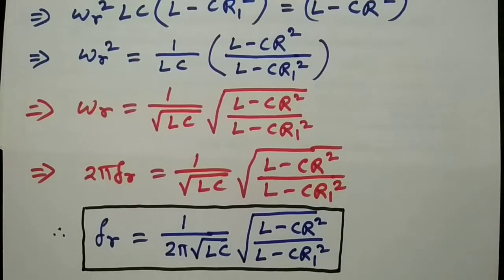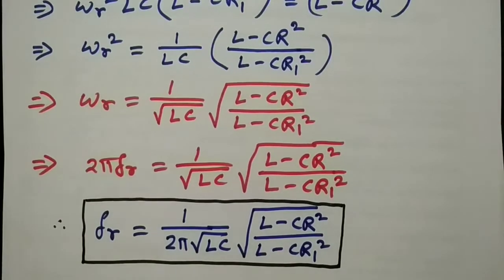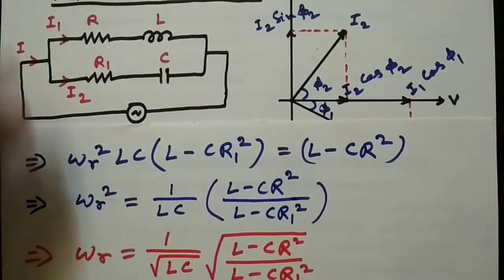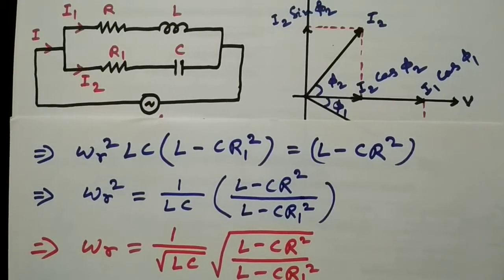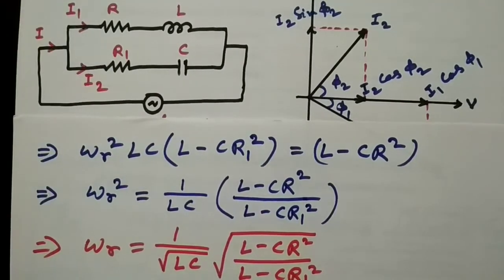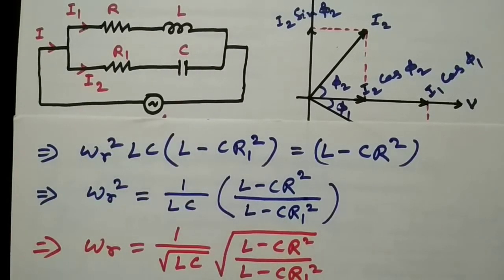It is basically the generalized expression. If we see the circuit diagram, we have considered the resistance in both the branches. That is, R is the resistance in the inductive branch, R1 is the resistance of the capacitive branch.